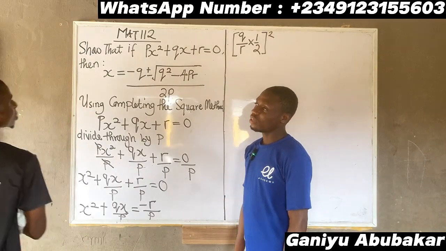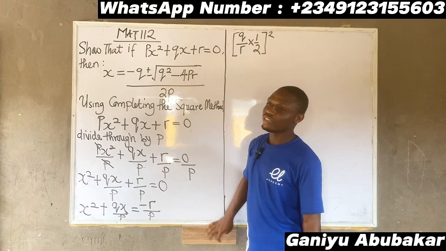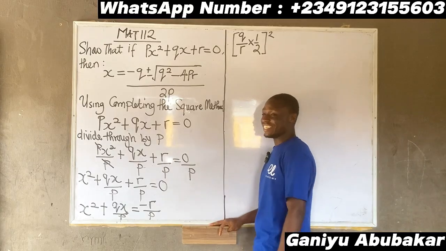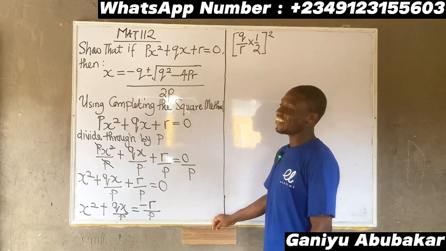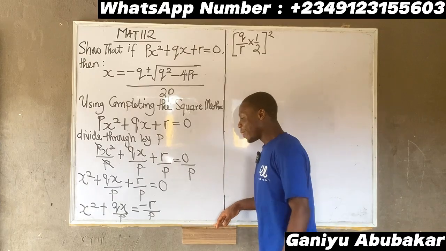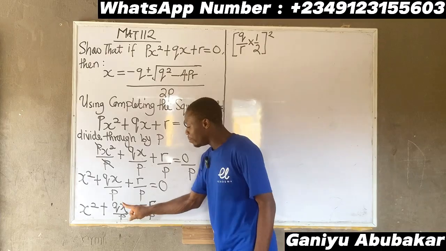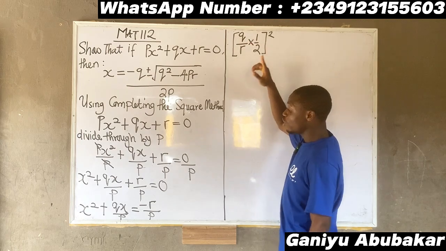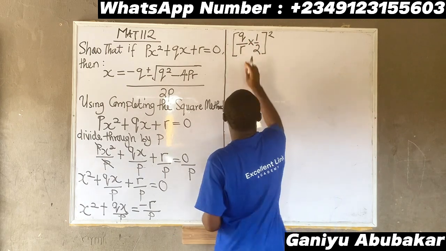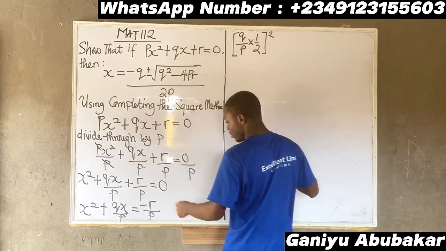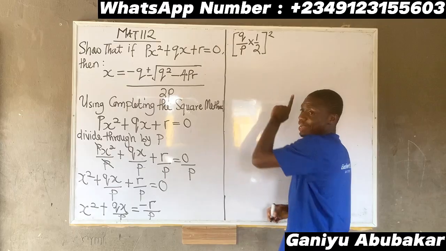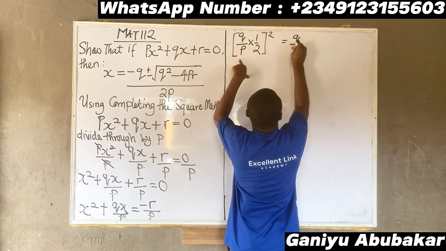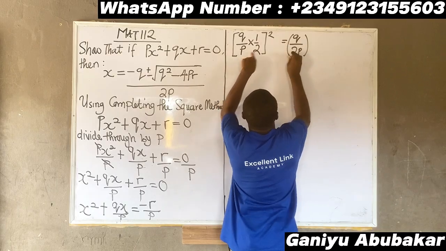So the task is to bring out the coefficient of x, that's q over p, multiply by half and square it. This gives you q over 2p, and mind you, I still have my square.